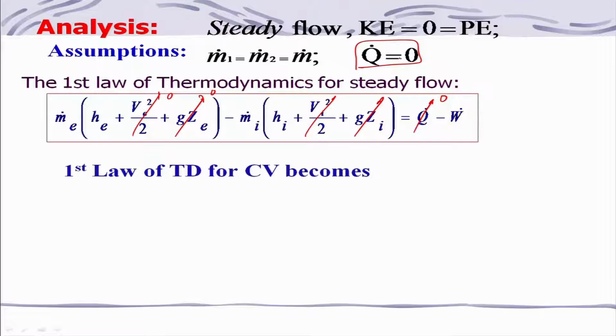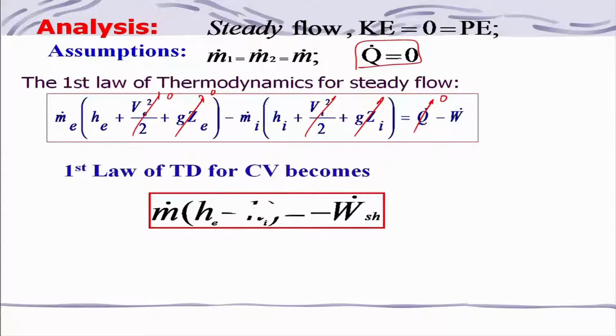So, if you look at, then we can write it down as an expression, m dot times (h_e minus h_i), because we have seen m dot 1 is equal to m dot 2 is equal to m dot. Keep in mind that I am using 1 and 2 corresponding to inlet and exit.